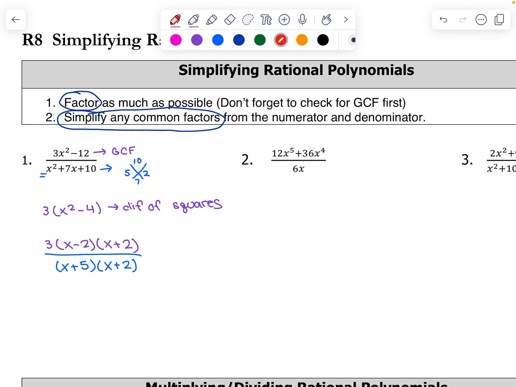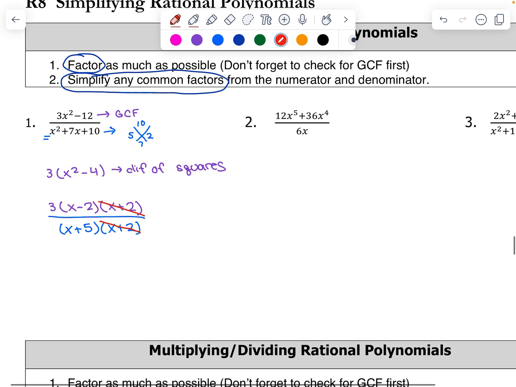Again, you can cancel out any common factors now that we have it in factored form. So x plus 2 and x plus 2 are the same, making my final answer 3 times the quantity x minus 2 all over x plus 5. And the x plus 5 can be with or without parentheses, doesn't matter. Final answer.